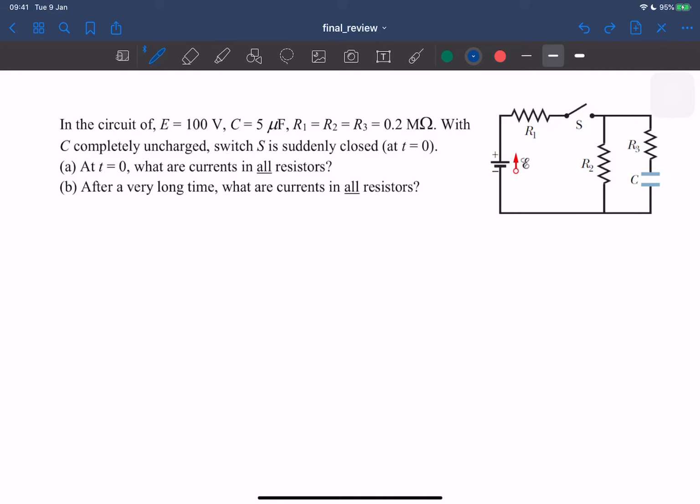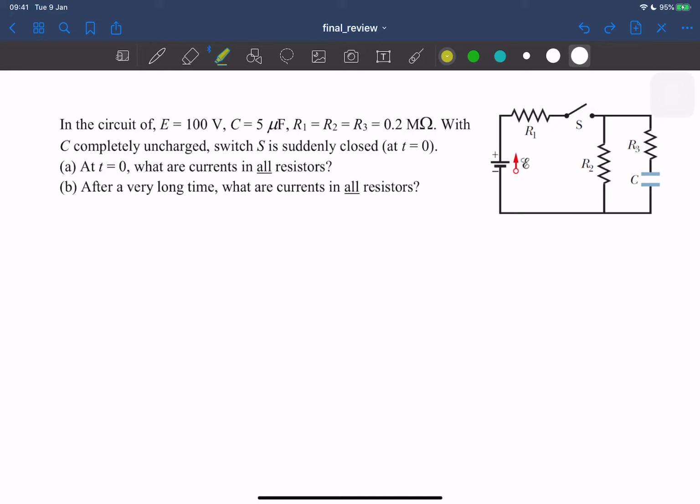Okay, so let's talk about this. You might remember from the lecture that when we have a capacitor and resistor in the circuit, we need to solve a differential equation. That's actually not quite necessary if you want to know at two specific points in time, and those two points in time are exactly what's being asked here.